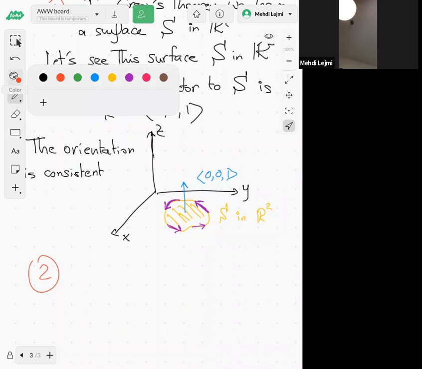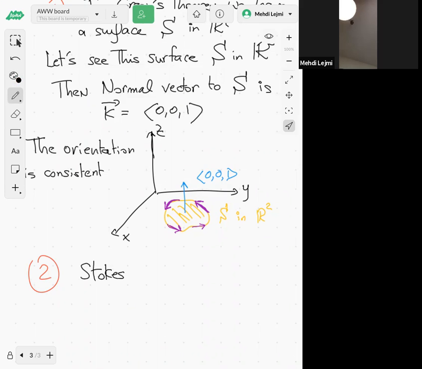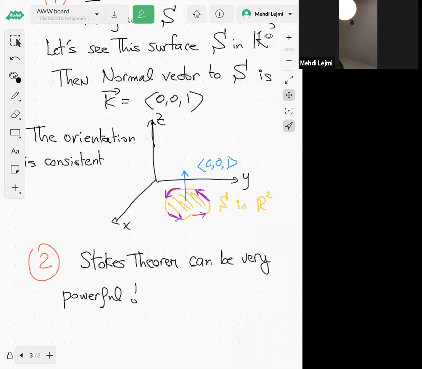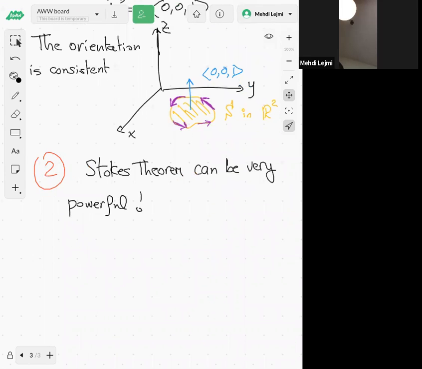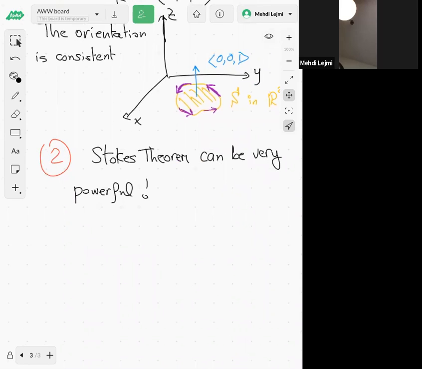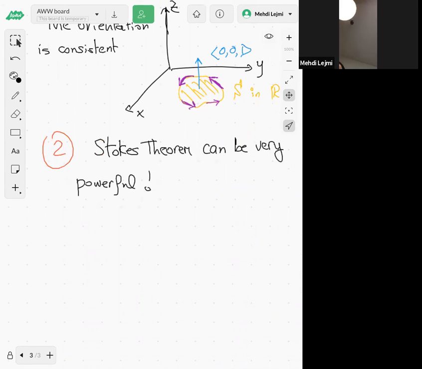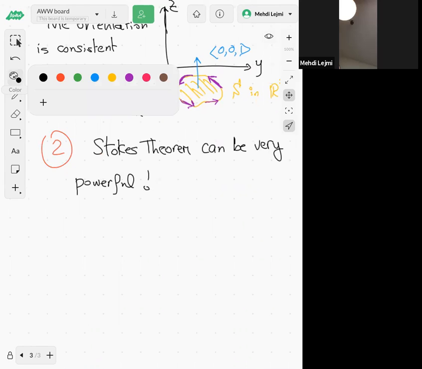Stokes' theorem can be very useful, very powerful sometimes. Let me show you with an example.